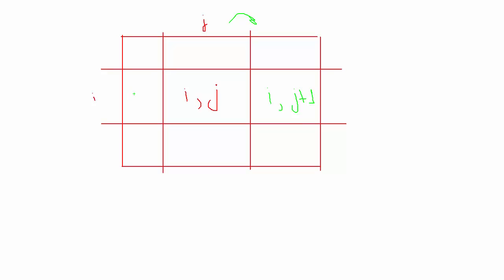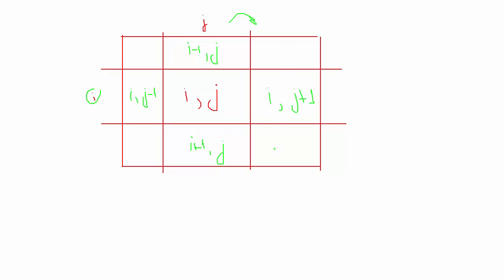That's easy. i, j minus 1, because the row is the same and I just move my column 1 left. Okay, the one above here, i minus 1 and then j. We're on the same column. This is i plus 1, j.